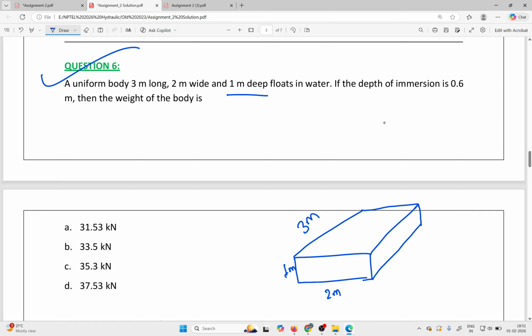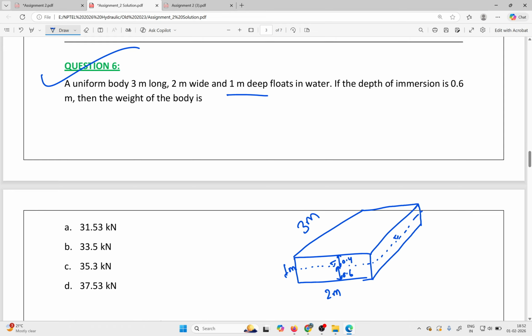If the depth of immersion is 0.6 meter, this depth of immersion, not all, only this 0.6, is immersed in water up to that level, and the remaining above the water is 0.4.